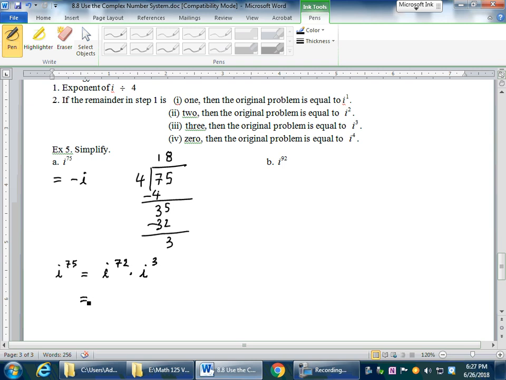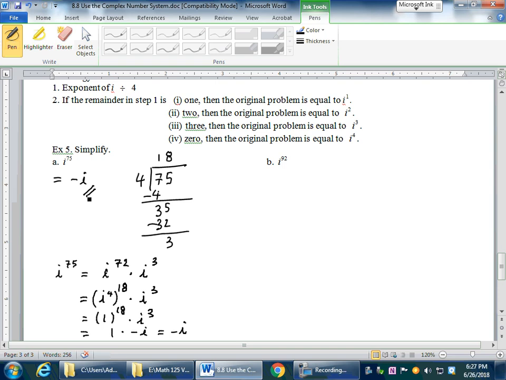And i to the 72 power is basically i to the fourth power to the 18. So what happened is i to the fourth power is equal to 1, and 1 to the 18 power is still 1. So my only answer left over is what i to the third power is equal to. So 1 times negative i, which is going to be negative i. So that's how I got my answer so quickly without writing any of these steps.